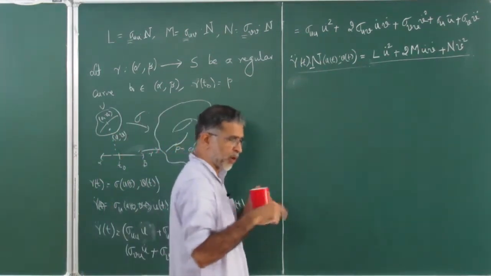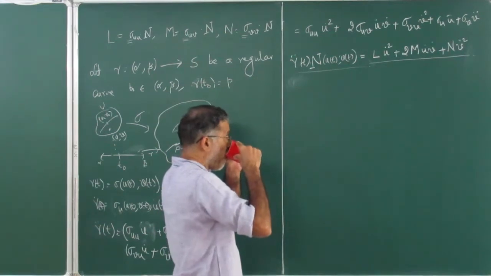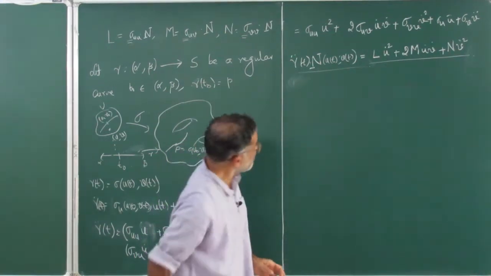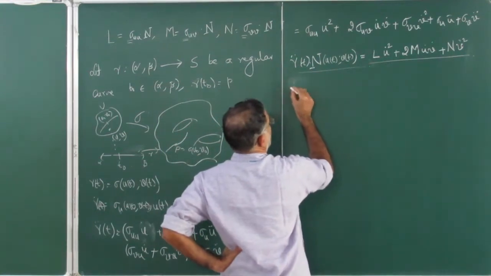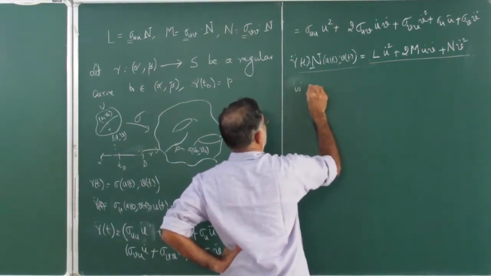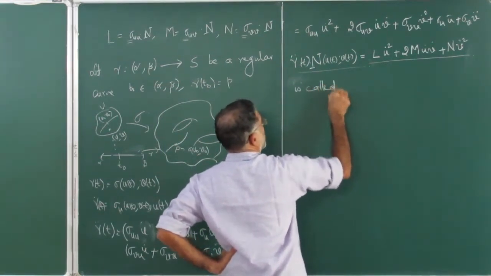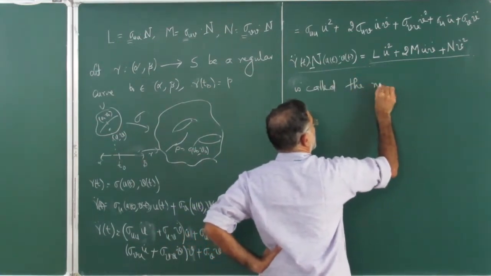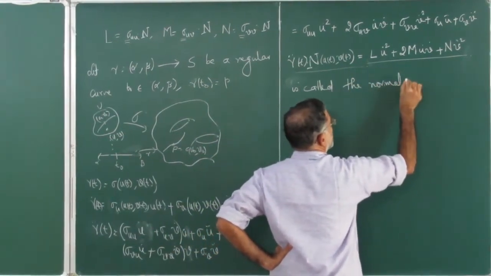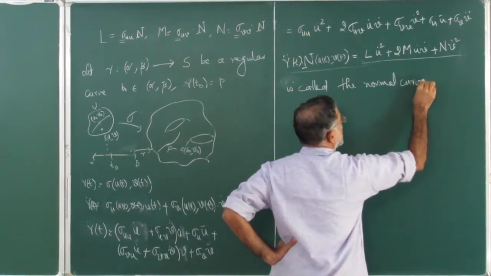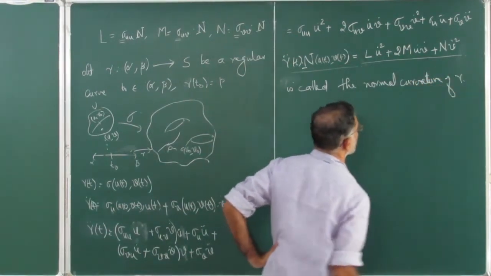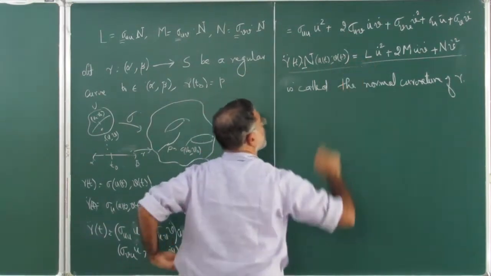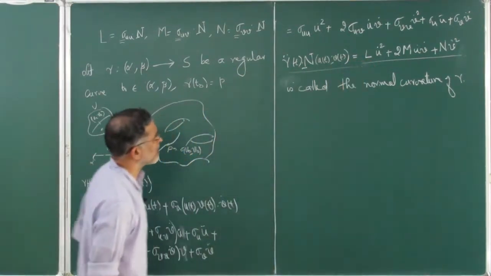I will tell you how you decompose it. So this object is called the normal curvature of gamma, at whatever point that you evaluate, at that point.